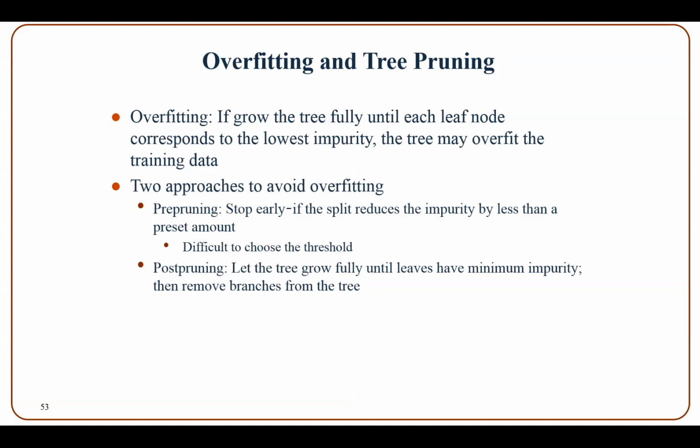One is pre-pruning, meaning stop early if the split reduces the impurity by less than a preset amount; however, it is difficult to choose the threshold. Another is post-pruning. In this approach, you let the tree grow fully until the leaves have the minimum impurity and then remove branches from the tree.